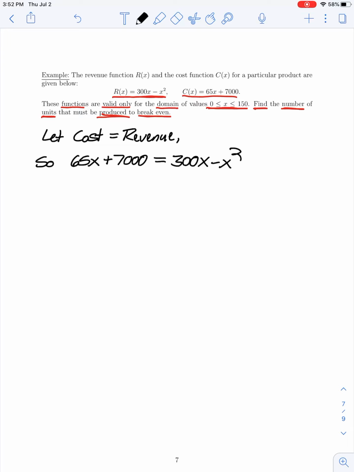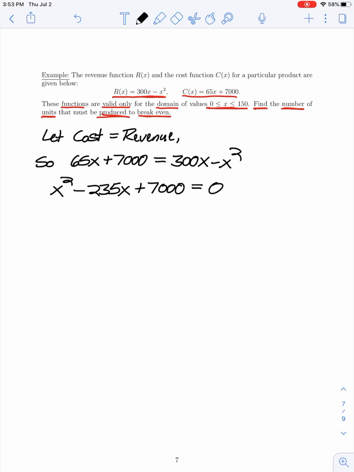So let's move everything to one side of our equation. If we move everything to the left-hand side, adding x squared to both sides, I would have 1x squared. Subtracting 300x from both sides, I would have 235x. And then I've got my constant, plus 7,000, equals 0. Now, there's a few ways we could solve for x.